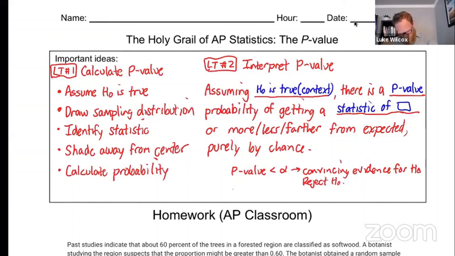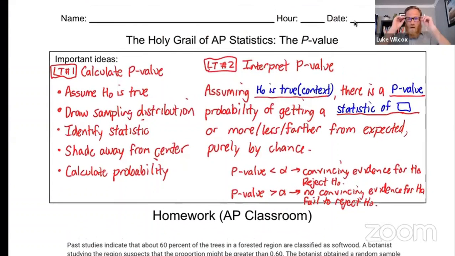If, on the other hand, your p-value is greater than the alpha level, then we do not have convincing evidence for the alternative. And in this case, instead of rejecting the null hypothesis, we would fail to reject the null hypothesis.